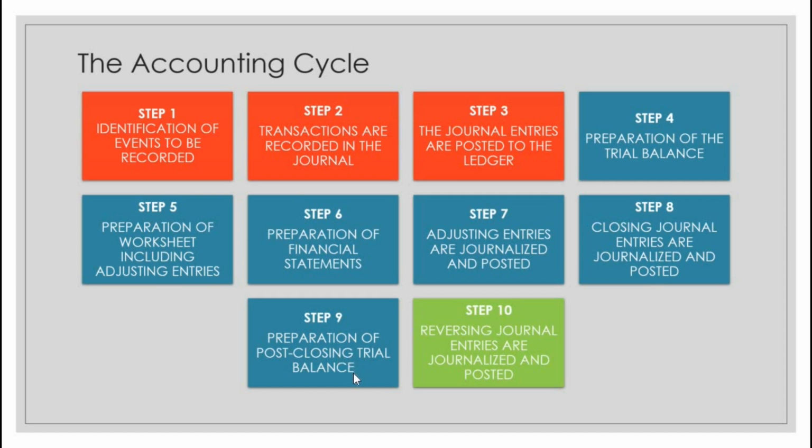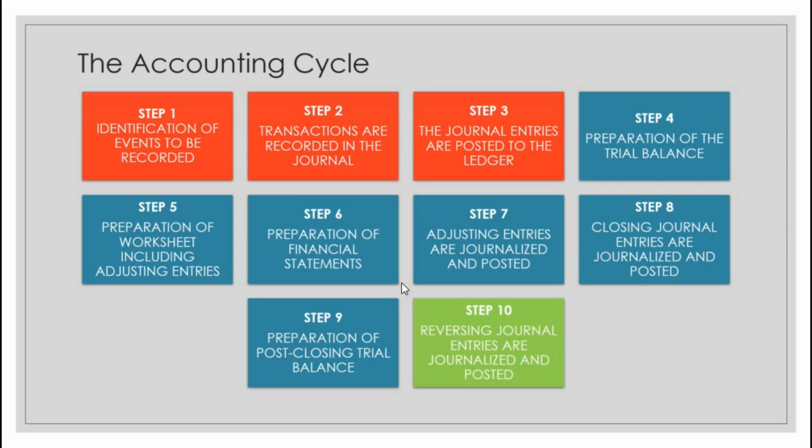Again, if you have noticed, steps 4, 5, 6, 7, 8, and 9 are colored blue. So again, it has a purpose. Why did I color it blue? Because I want you to identify that steps 4 to 9 are the steps that are generally accomplished at the end of the period.